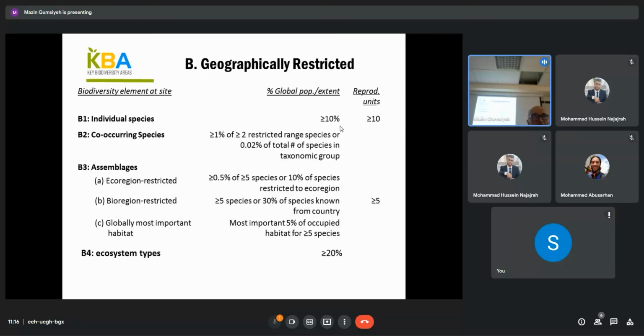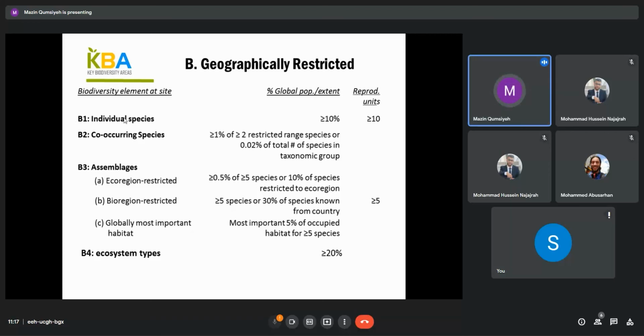So the second important criterion is geographic restriction. So if the site with individual species contains more than 10% of the total population of a species, it qualifies, or more than 10 reproductive units. This is very important, and you can qualify many areas as KBA, especially in Palestine or in the Mediterranean.